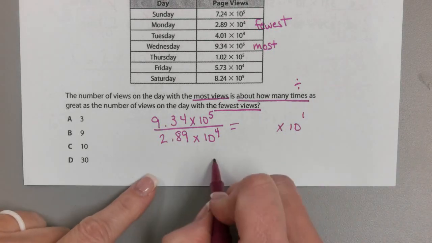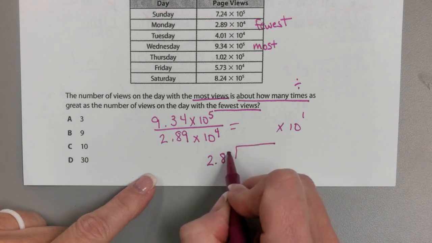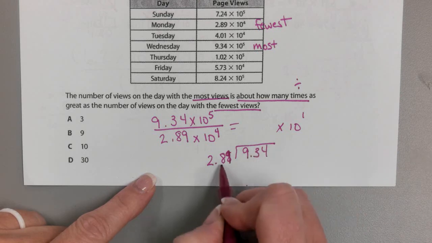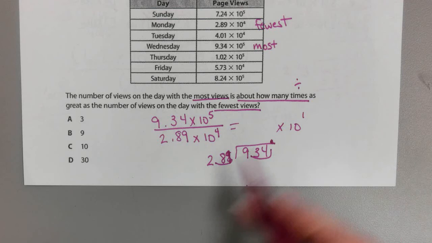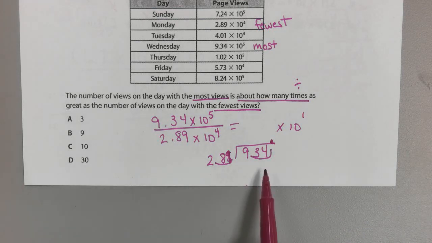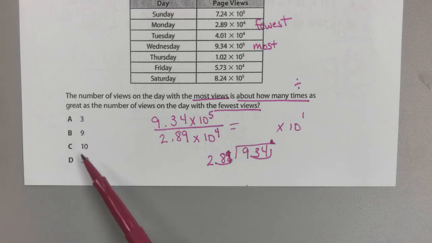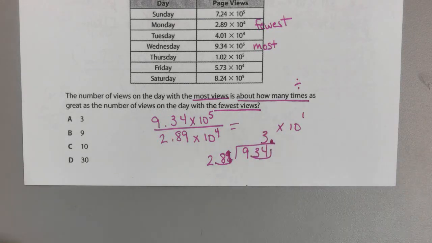So let's just divide. Oops, that's a 9. So we're really doing 289 into 934. Well, and look at your multiple choice. Is it going to go 3 times, 9 times, or 1 time? 3 times, Miss Etheridge. Yes, you are right.